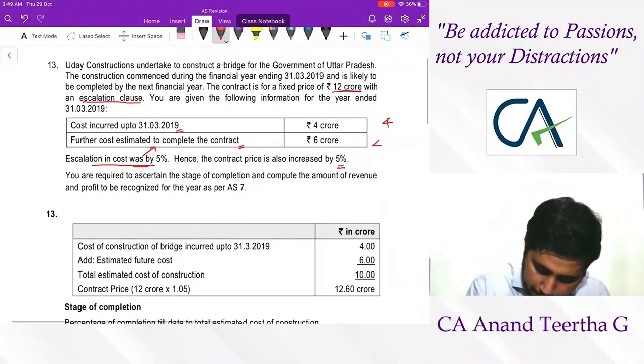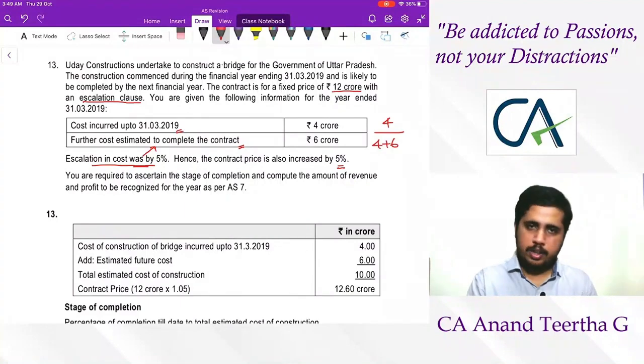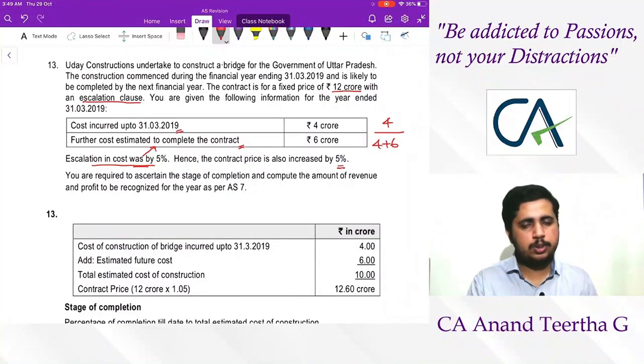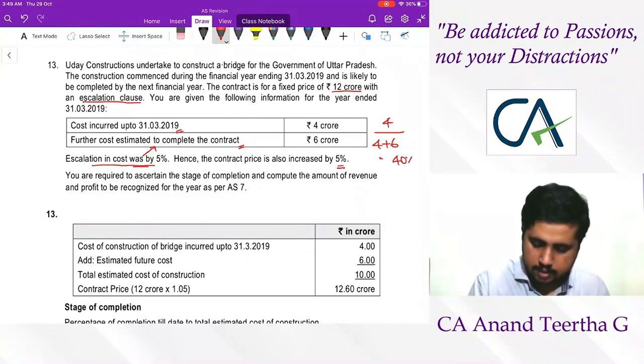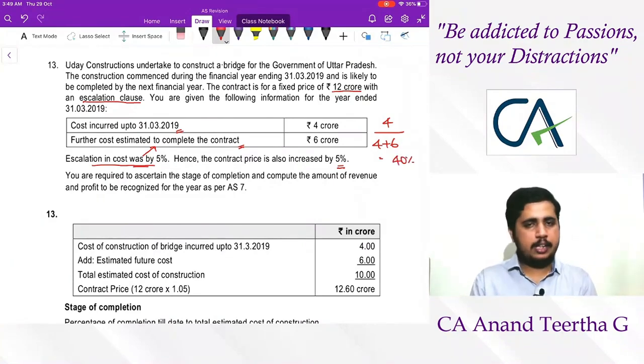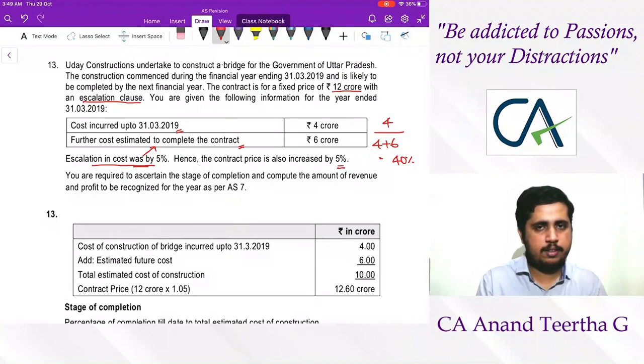So 4 plus 6. Correct? 4 is already incurred, 6 further will be incurred. So total is 10. So how much is over then? 4 by 10 will give you 40%. Cost incurred till date divided by total cost into 100. So 4 divided by 10 into 100 will give you 40%. That is your percentage completion.